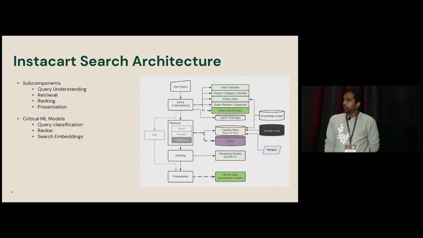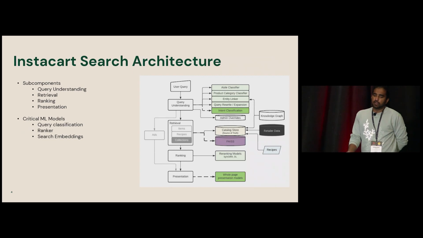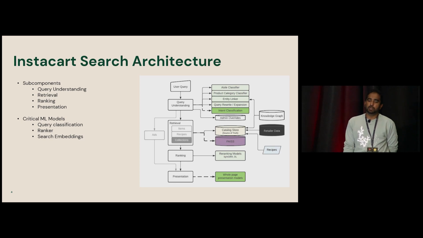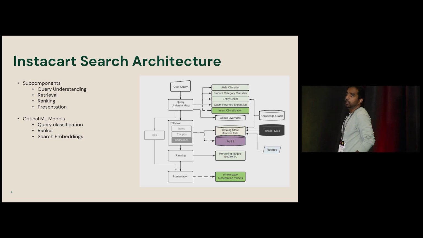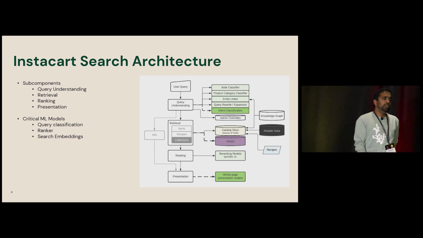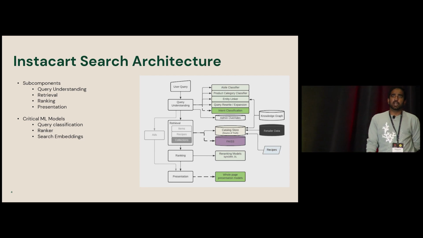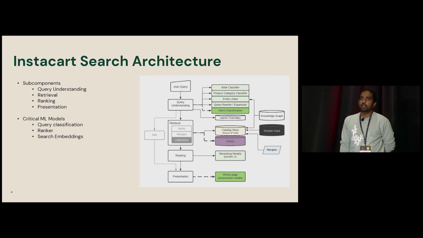As you can see here, there are majorly 4 components involved in our Instacart search stack: query understanding, retrieval, ranking, and presentation. So this is pretty typical of any modern day search engine, right? Query understanding has models that typically try to predict the personalized user intent of a given user query.